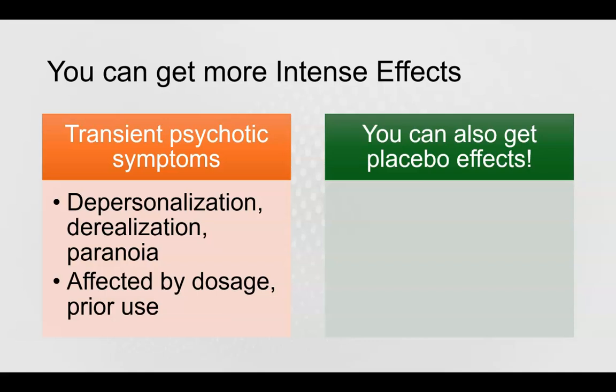Flashbacks have actually been reported in people who take marijuana sometimes, even though you typically only hear about that with hallucinogens like LSD. One of the things that's interesting is that you can actually get placebo effects for marijuana. Researchers back in 1998 gave participants capsules that either contained THC or a placebo.